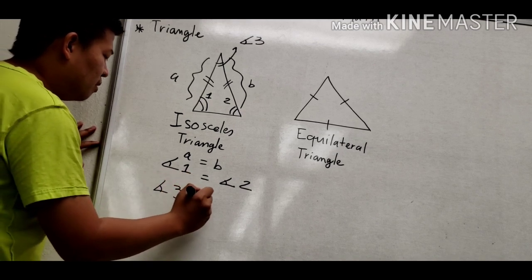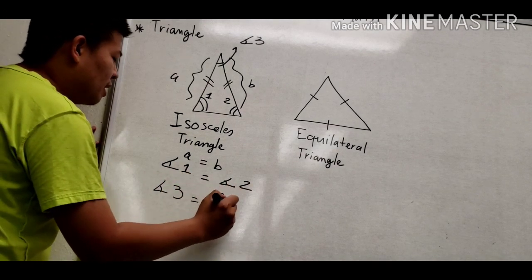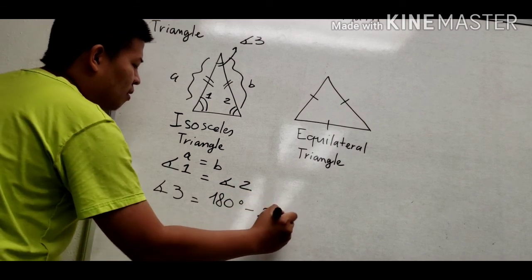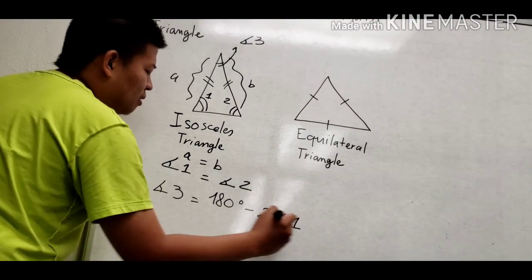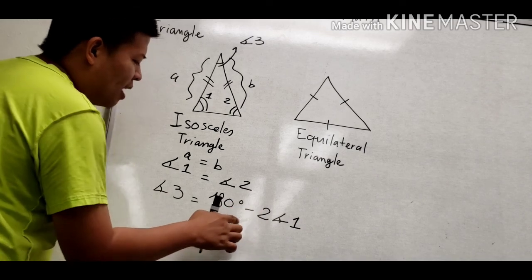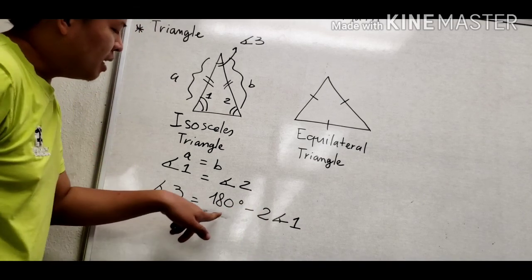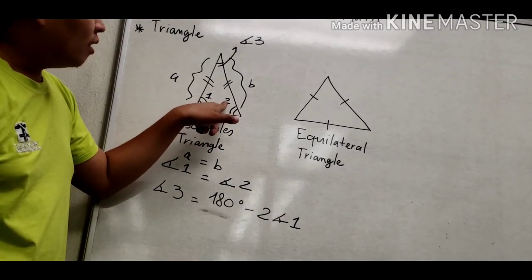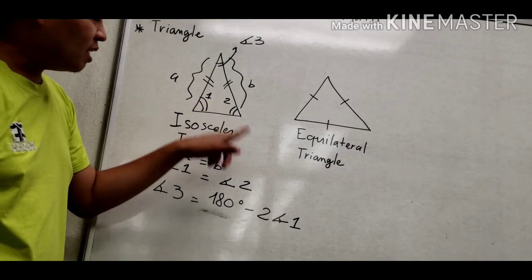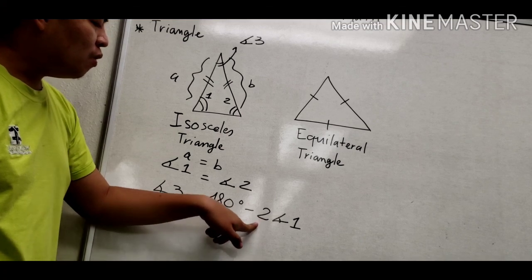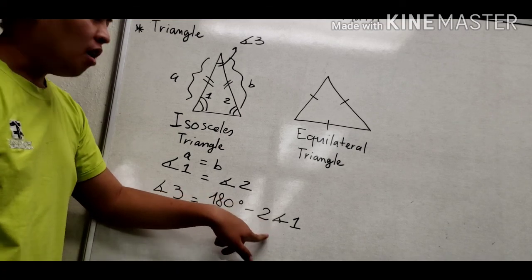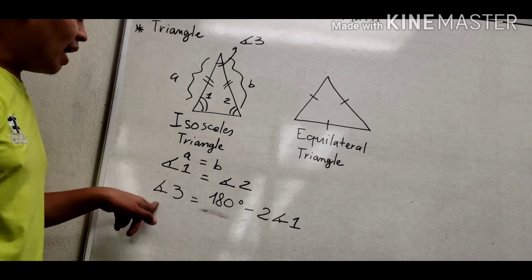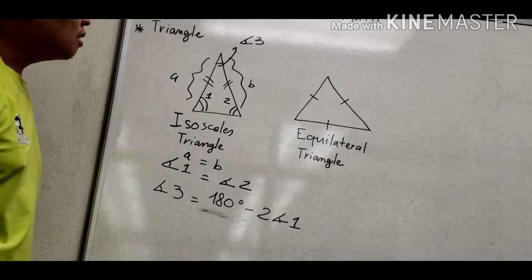Angle number 3 equals 180 degrees minus 2 multiplied by angle 1. Why do we need to do that? Because angle number 1 and angle number 2 are the same. That's why we multiply 2 with angle number 1, or 2 with angle number 2, and you get the angle number 3 here.